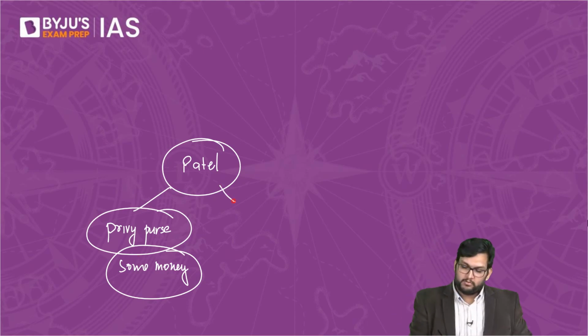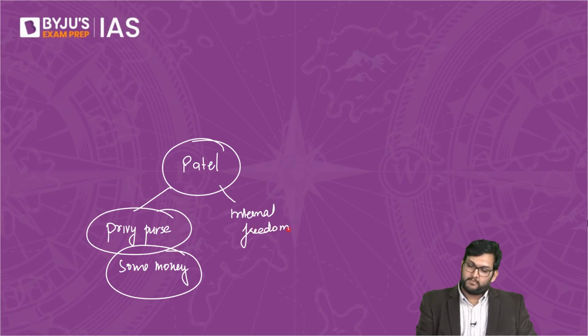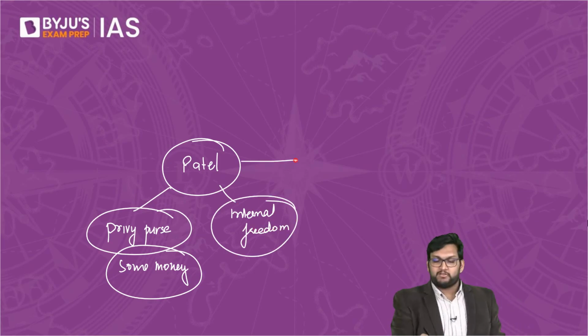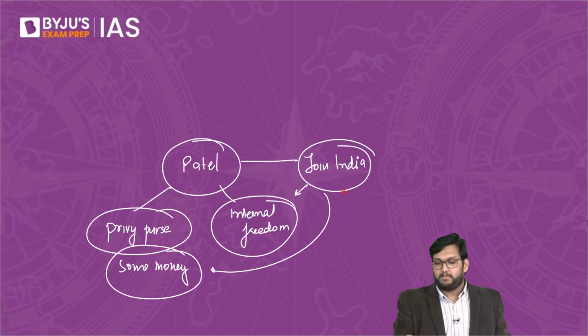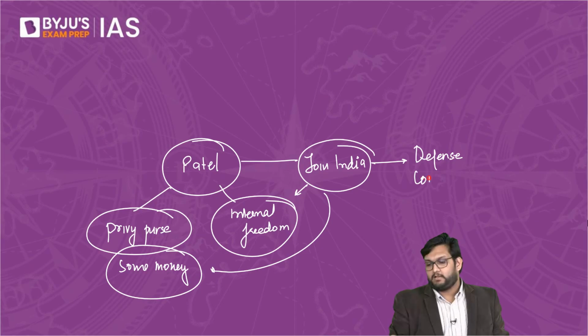I will also give you internal freedom. But what you do is that you join India. Once you do that, you will get these two things. But just give me defense, communication, and external affairs.